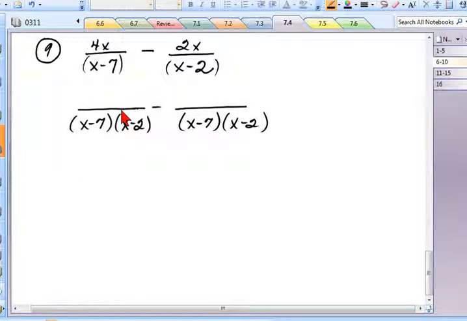You ready to compare? What was x minus 7 multiplied by to turn it into this new denominator? What's the new factor? x minus 2. It used to just be an x minus 7. Now it's an x minus 7 times x minus 2. You're going to multiply that times the top, and I'm not going to multiply it just yet. I'm going to write 4x times x minus 2, and I'll multiply it out in a minute.